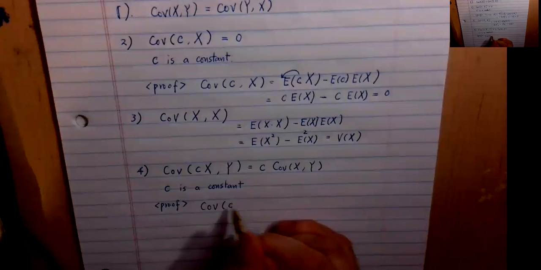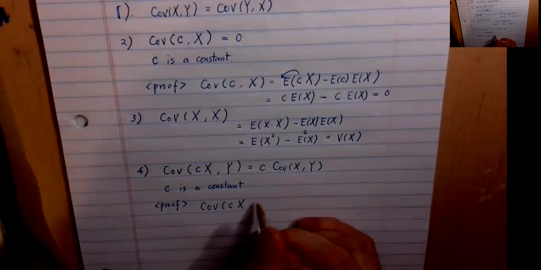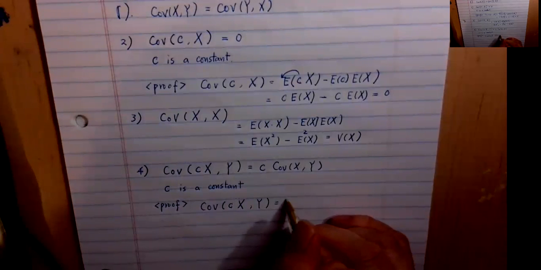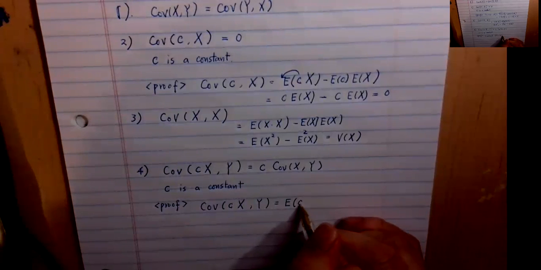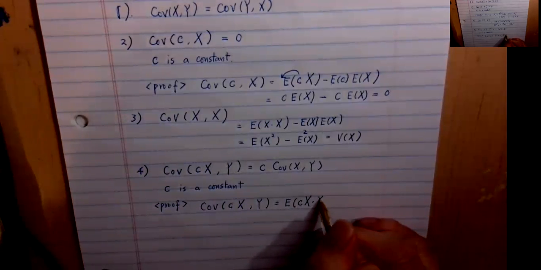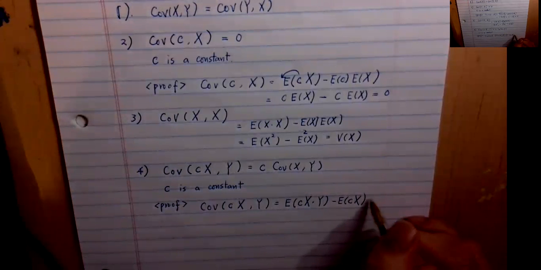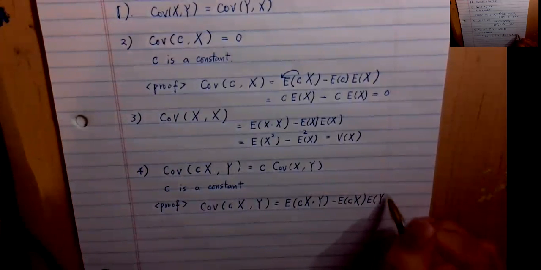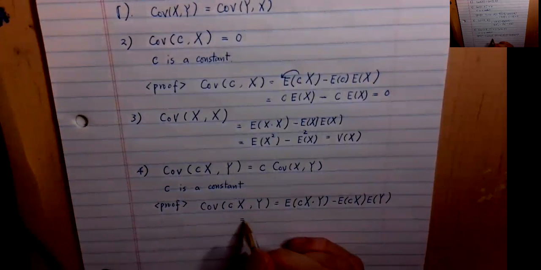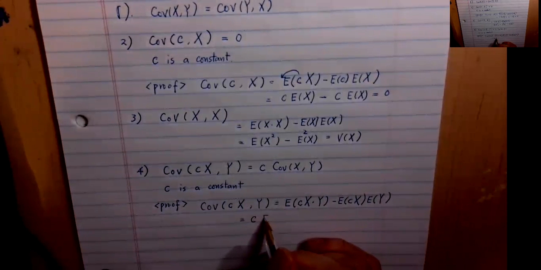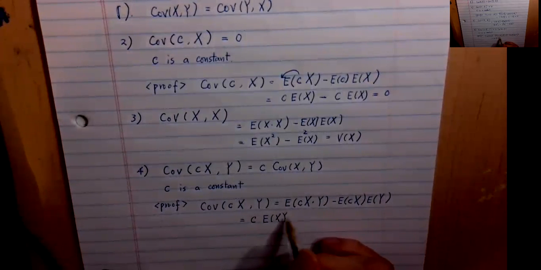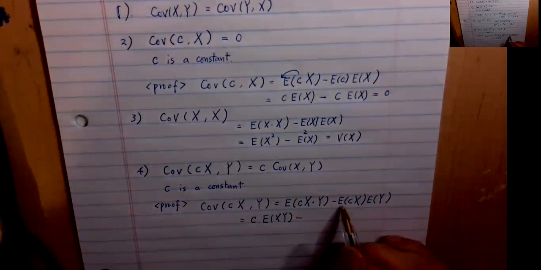Covariance of Cx and y by the shortcut formula is the expected value of Cx times y, and then subtract the expected value of Cx times the expected value of y. And this C is a constant, we can pull it out. So I can write this as C times the expected value of XY, and subtract the expected value of C times X, by property 2 of expected value, this C can be pulled out.